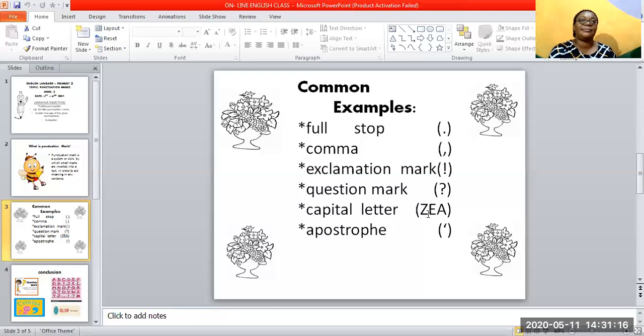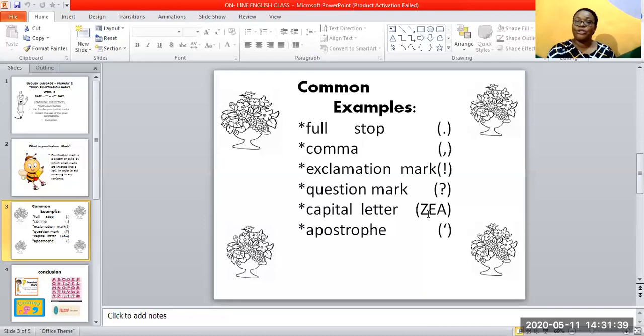Estella Johnson. Estella Johnson is a name. E, capital E, must begin the word Estella. Johnson. J, capital letter J, must start the word Johnson. Are we clear? Do we understand? Beautiful.